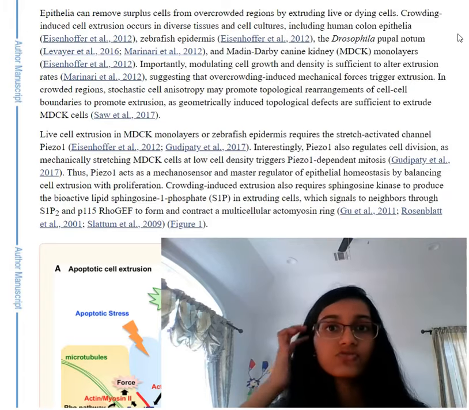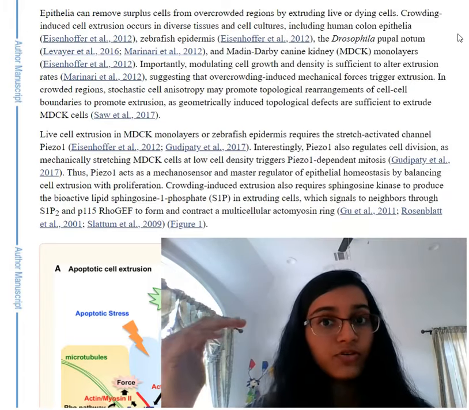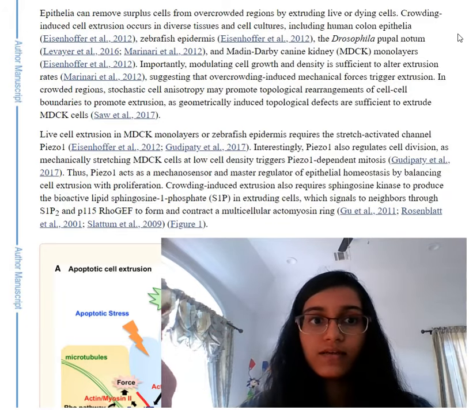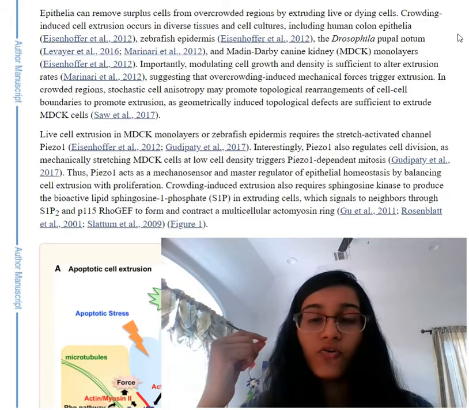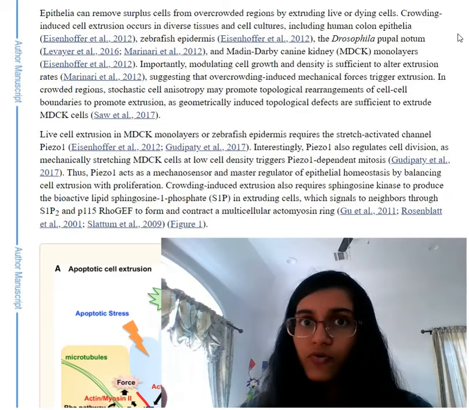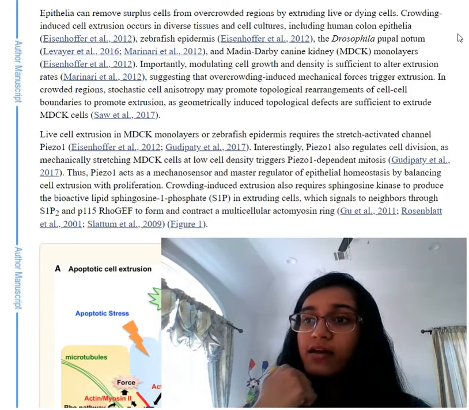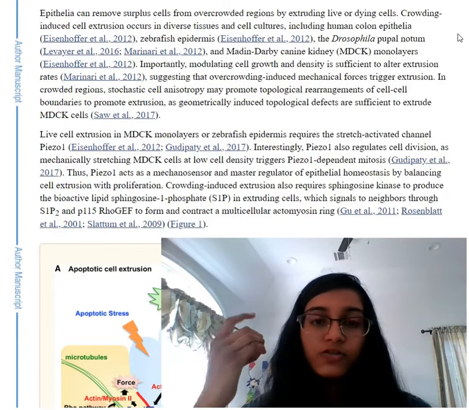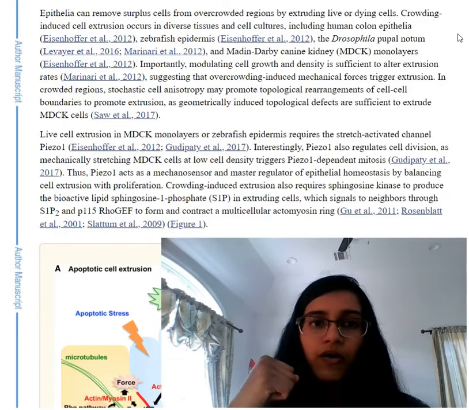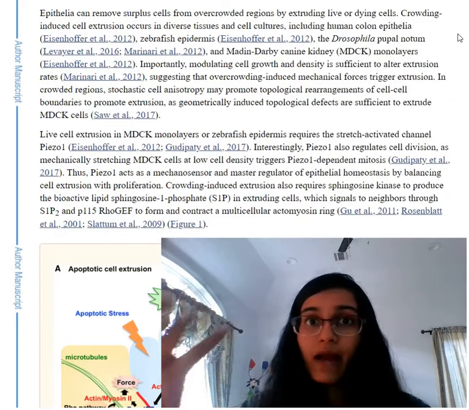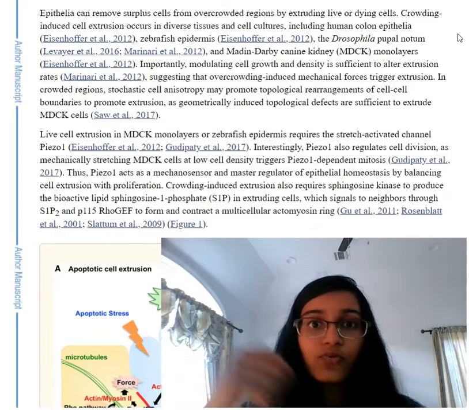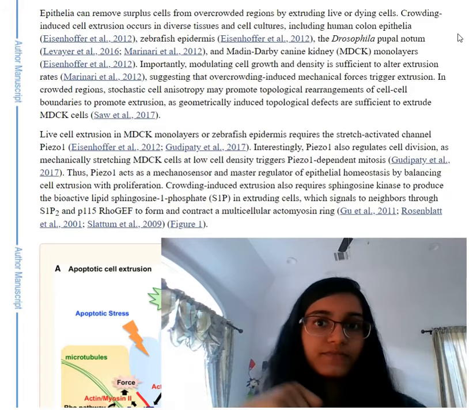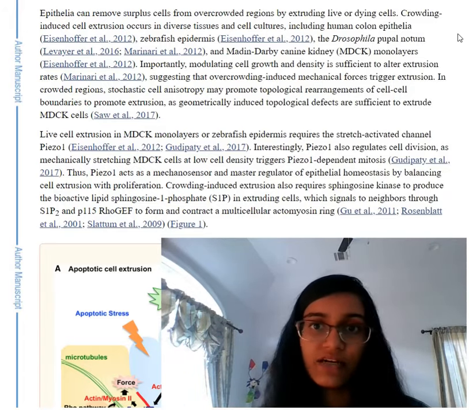So if you're trying to avoid the growth of tumors, for instance, it makes sense that you would want a mechanism that responds to overcrowding and excessive growth. For example, if you had really dense crowding of cells or really rapid cell growth, then you would want more cell extrusion because you want to get rid of the excess cells.